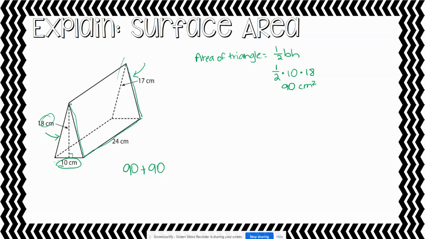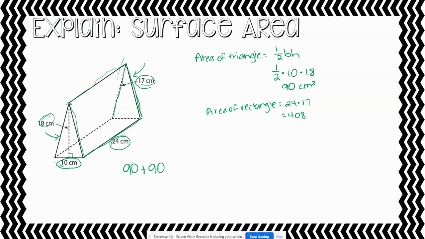Well, if I look at this rectangle, this has a base of 24, and actually this side length is the same as this side length, so it has a height of 17. So for the area of the rectangle, I'm going to have to do 24 times 17. Well, when I multiply 24 times 17, I get 408.